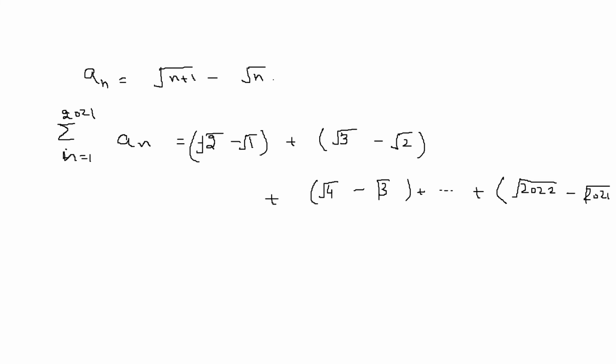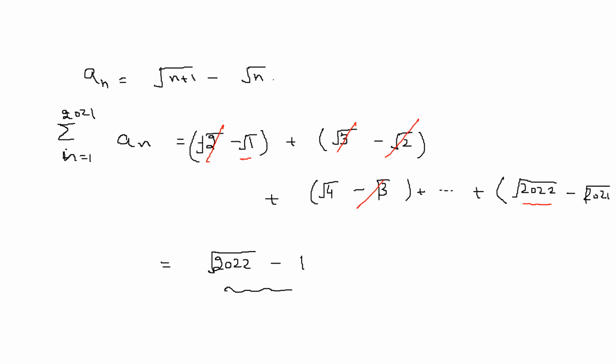You can see that square root of 2 cancels with square root of 2, and square root of 3 cancels with square root of 3, and all other terms will cancel. The only terms left are the square root of 2022 and the square root of 1. This is known as the telescopic series, and this gives square root of 2022 minus square root of 1, which is 1. So this is our answer.